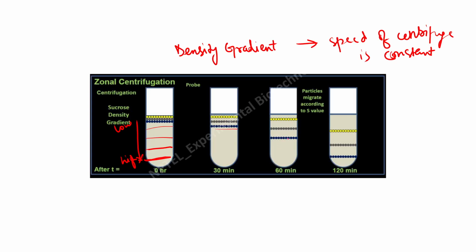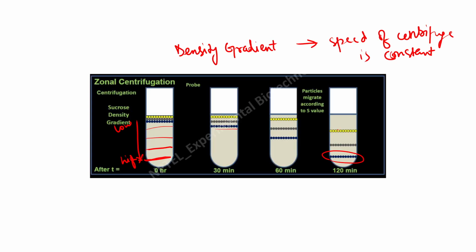Wherever the density of the blue molecules equals the density of the sucrose, they will form a layer there. Then the gray molecules will form another layer based on their density, and then the lightest molecules, the yellow molecules, being the least dense, settle at the top part.